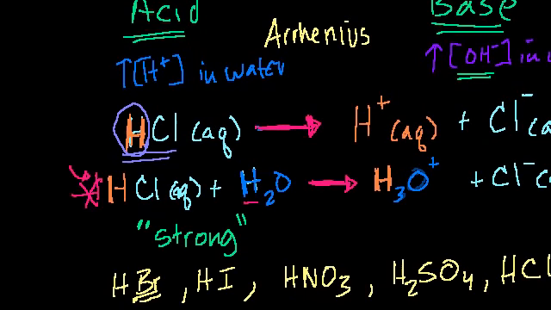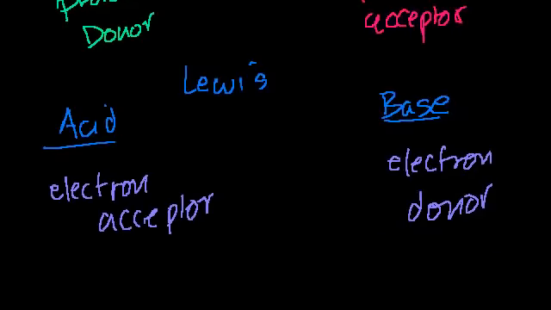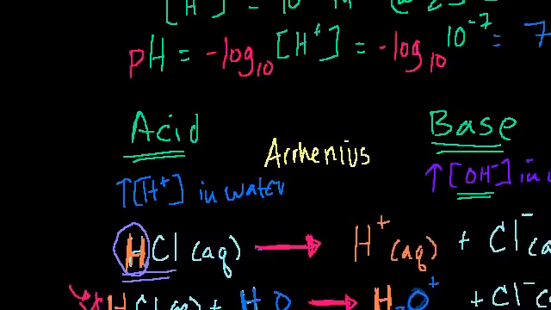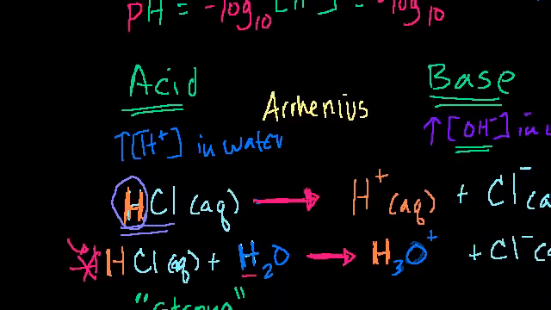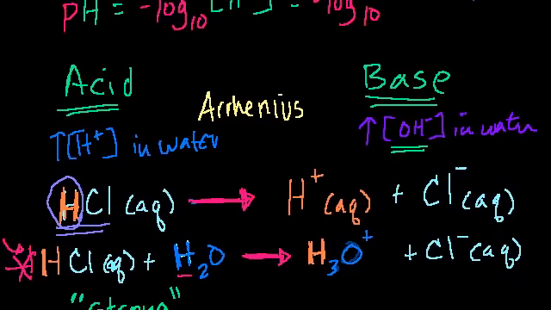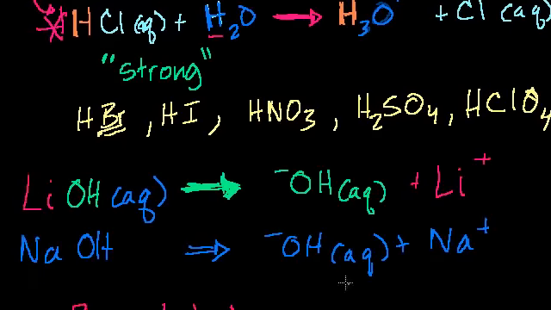And if you think about it, a Lewis base is what? It's an electron donor, right? A Lewis base is an electron donor. So if you have lithium hydroxide, when it goes into water, there are a couple of ways to think of it.